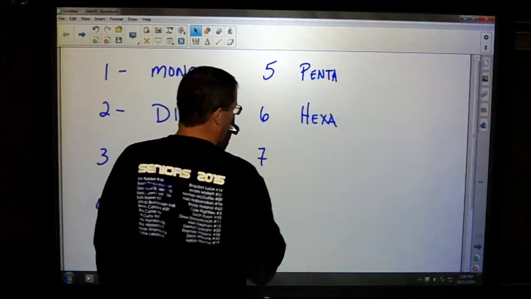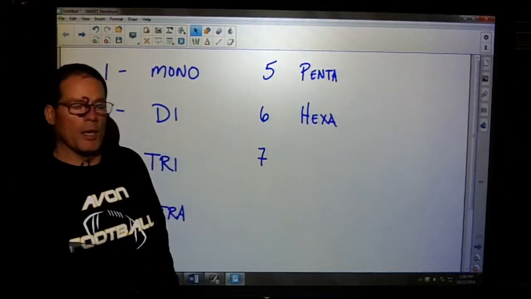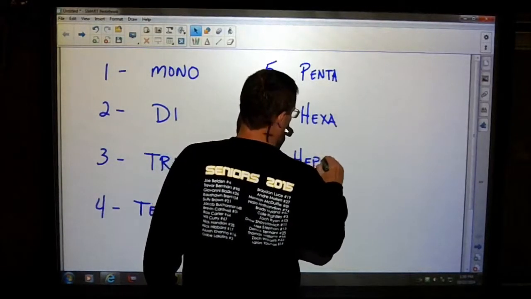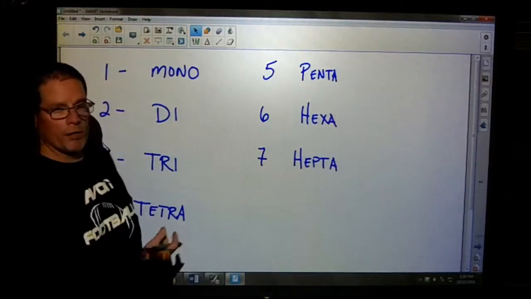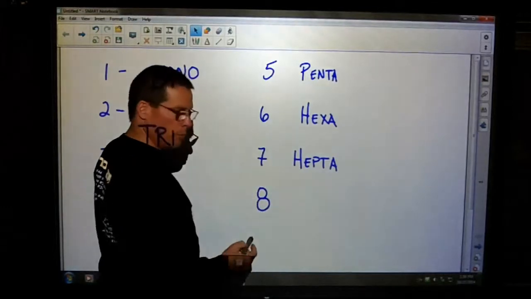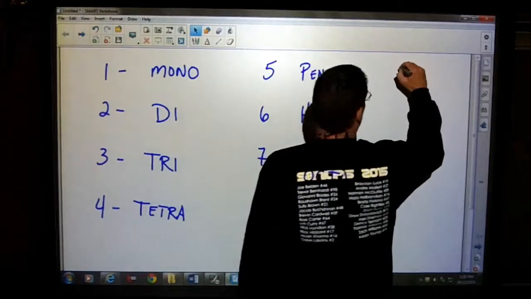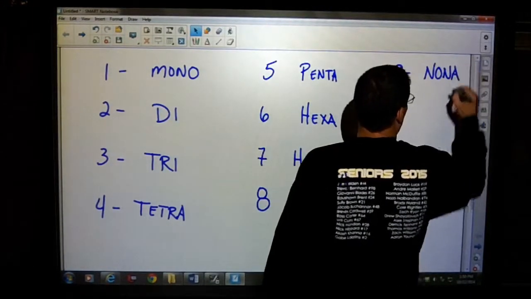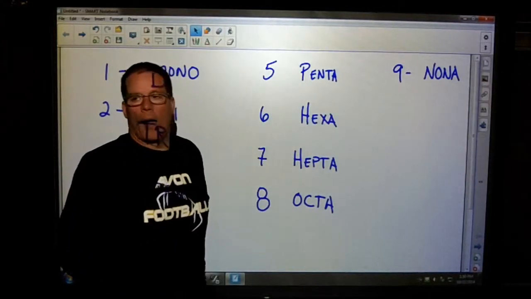7, and this is where it gets kind of confusing for some of you when you're first learning: hexa, hepta. Between 6 and 7 is hepta. So it has an H-E-P-T-A. They sound very similar, hexa and hepta. 8 is octa, just like in an octopus. So we have octa. 9 is a little strange. It's nano, or nana, however you want to say that. Nano or nana, I would accept.